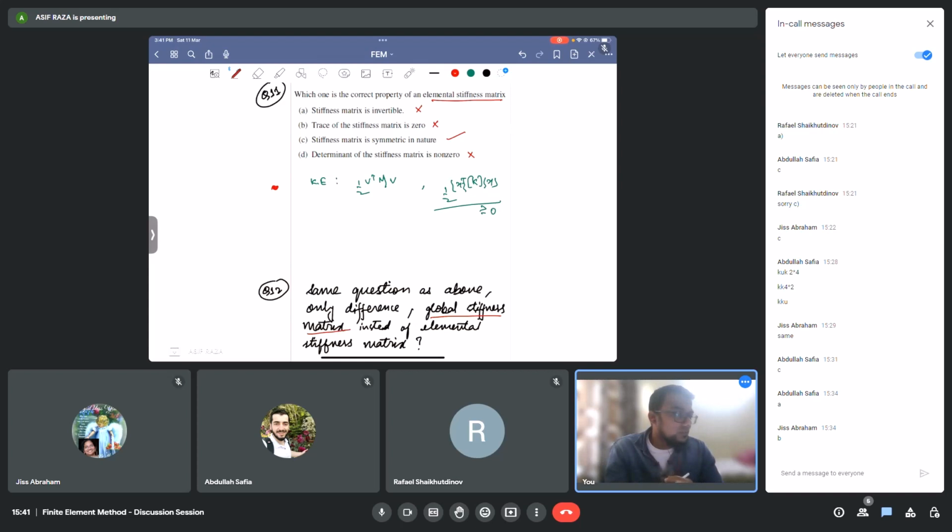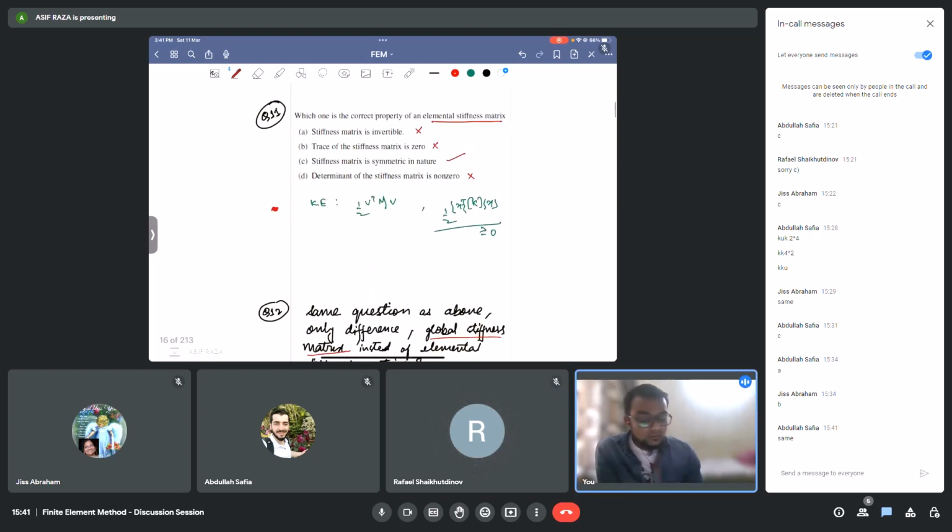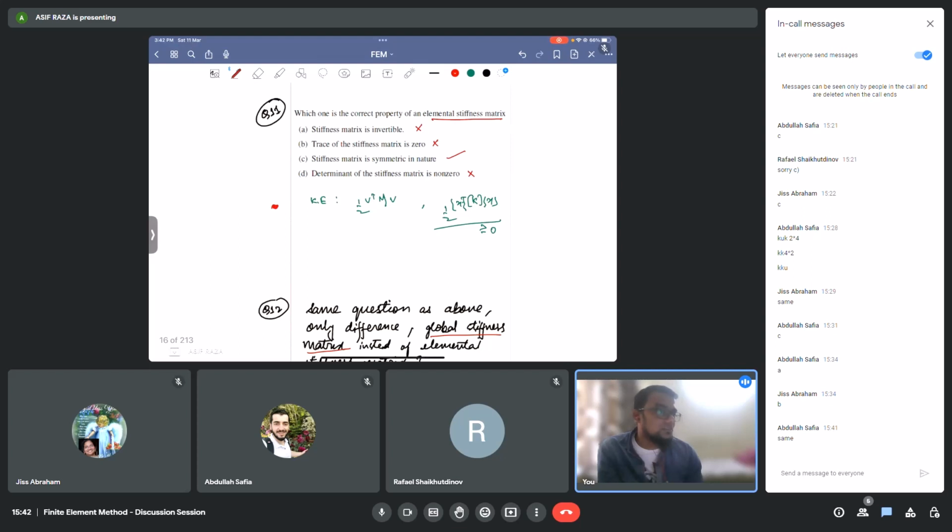What will happen to the answers? The global matrix is not invertible, the trace is not zero, the stiffness matrix will be symmetric, and the determinant will be zero because it's not invertible. So even if we change the statement from elemental to global, our answers would be the same, as said by Rafael and Abdullah as well.